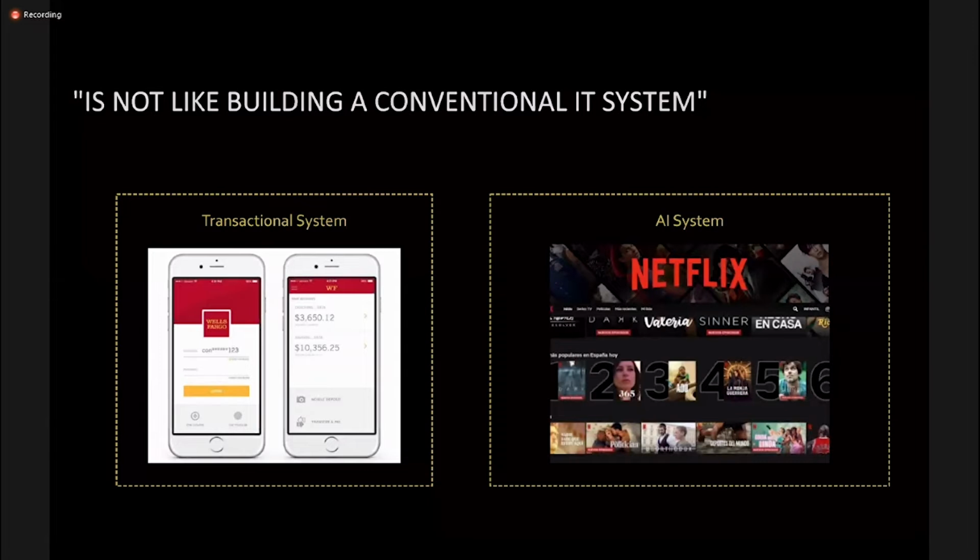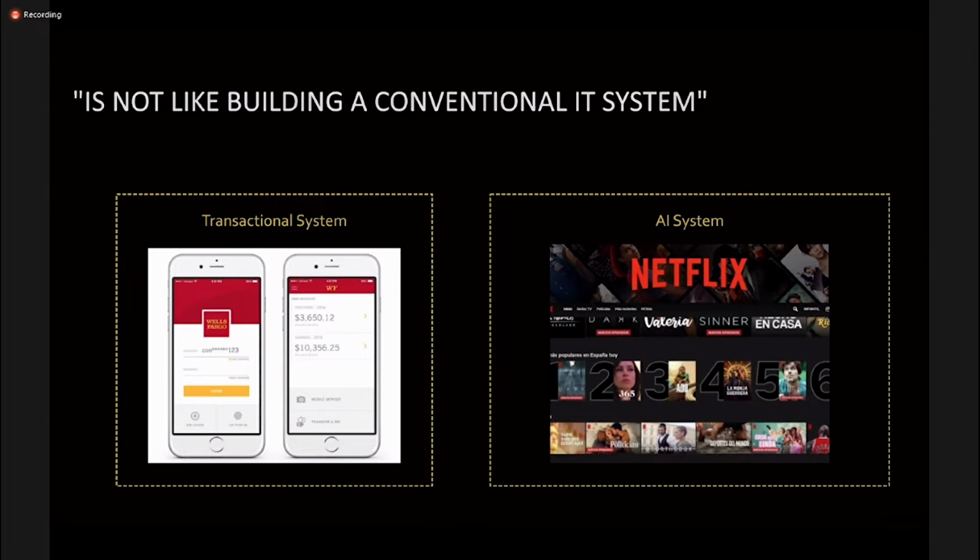So Netflix understands you, gives you recommendations, and it basically tunes the interface of the platform to suit you. So what's the main difference between these two systems?